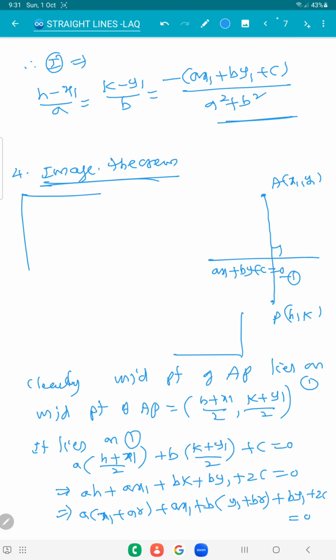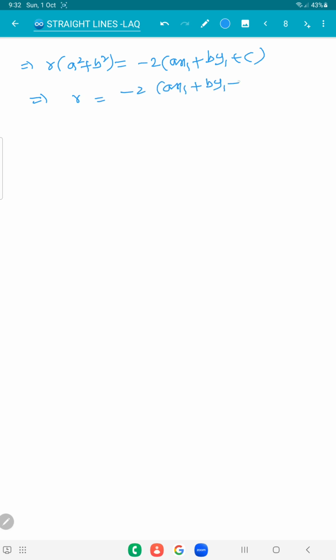Bringing r common again, what will you have? a squared plus b squared. Writing the remaining terms on the right hand side, and 2 is common here: a x1 plus b y1 plus c. So r is equal to minus 2 times (a x1 plus b y1 plus c) by (a squared plus b squared).